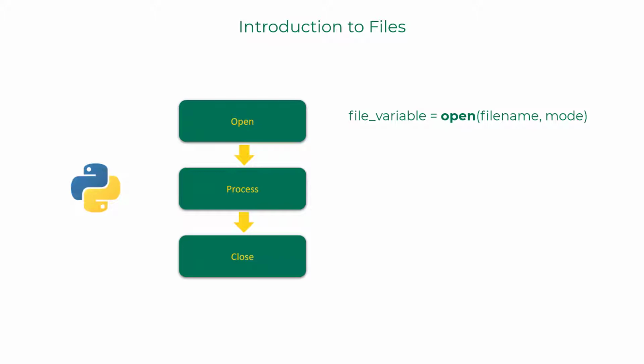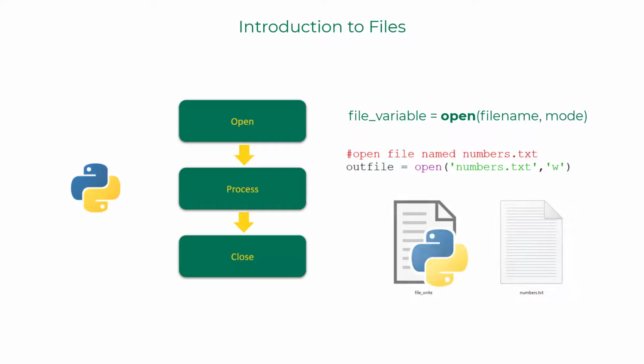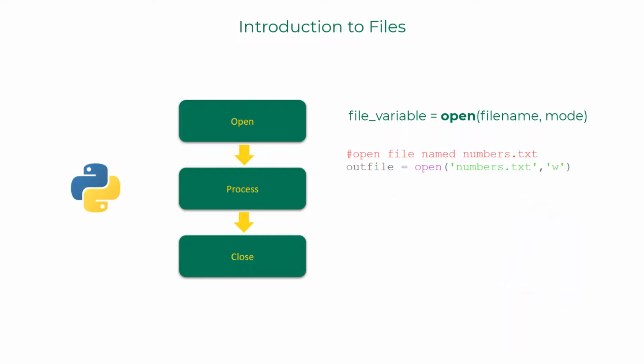Filename specifies the name of the file to open. If you only specify the name of the file and not the path, Python assumes the file is located in the same folder as the script file. If the file is present in a different folder than the folder in which the Python script is saved, you will have to use the full file location.